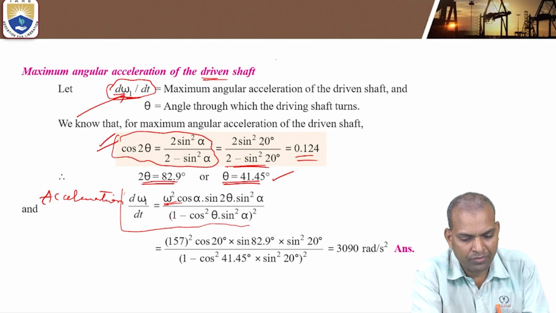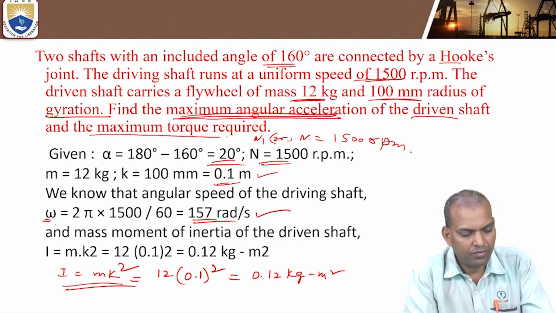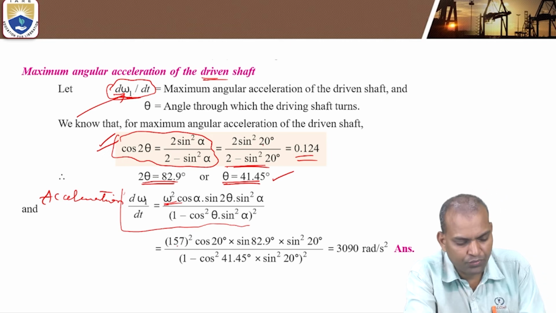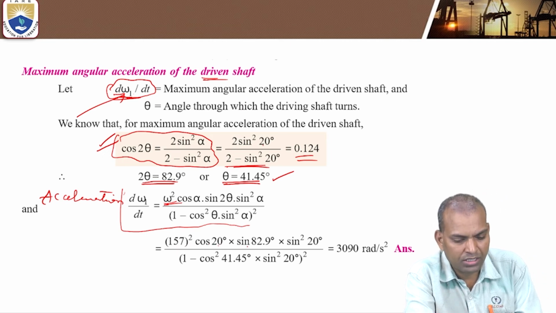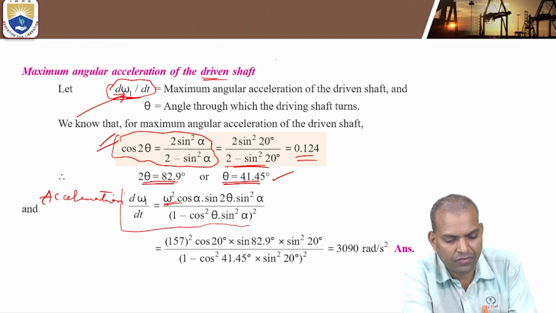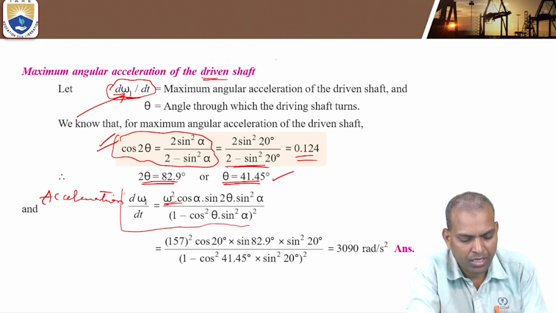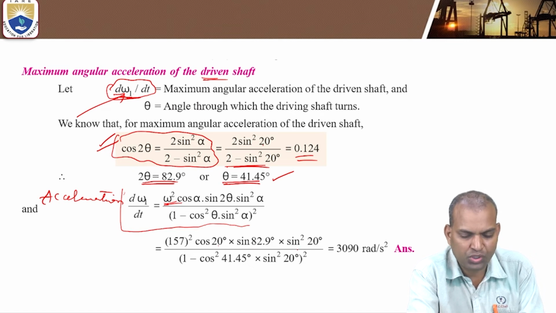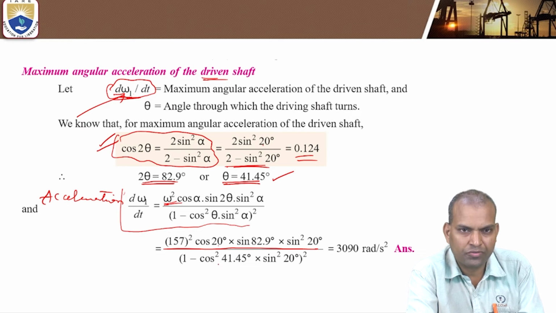We know ω equals 2πN by 60, that is 157 radians per second. Substitute back in this formula: 157 whole square, cos 20, sin 2θ, where θ is 41.45, so sin of 2 times 41.45, times sin² 20 degrees by 1 minus cos² 41.45 sin² 20.